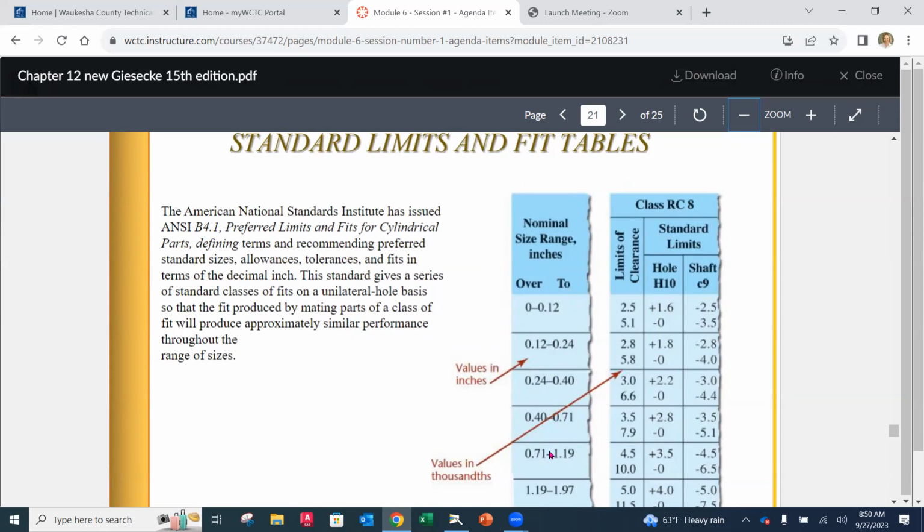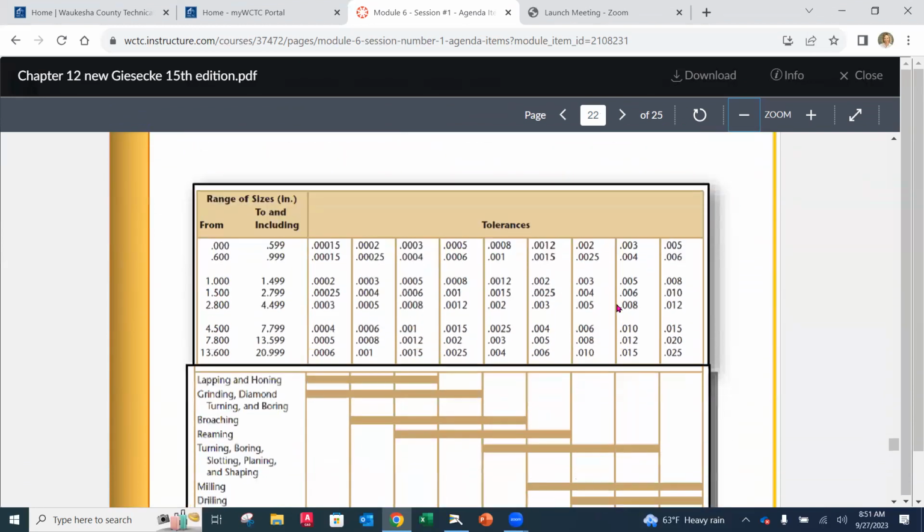So for instance, if it's 1 inch, I would be on this row. And then I'm going to go across and I'm going to then specify what is my hole tolerance and what is my shaft tolerance in order to get what we call a range of a fit. Okay. So an RC fit is going to be kind of a loose fit. And then these numbers over here are in thousandths of an inch. So we'll get practice doing that at a later date, but know that there's standard charts here.